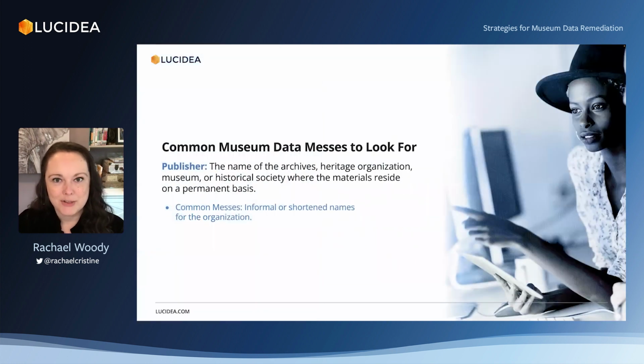The next Dublin Core field to look out for, in Dublin Core vernacular, is called the publisher field, but in many CMSs, we can see it referred to as the repository field, essentially any sort of entity identifier. What we are looking for here is the actual name of your repository. Whether you're an archives, heritage organization, or museum, this is where you would put your specific repository name.